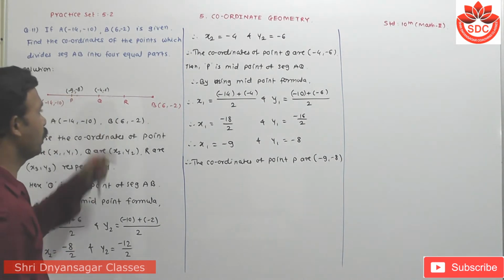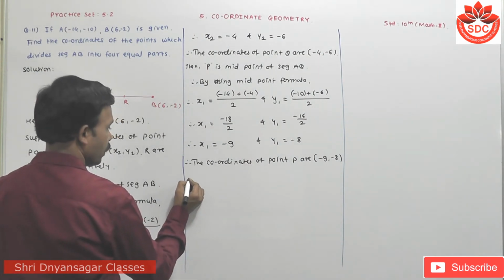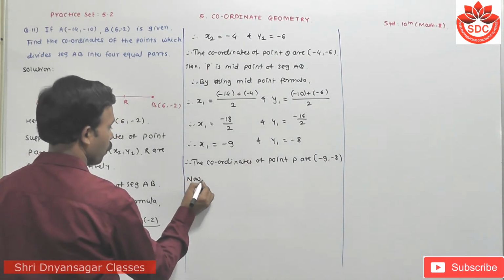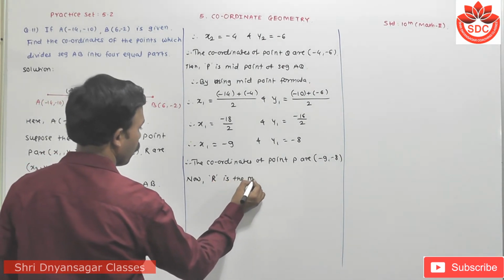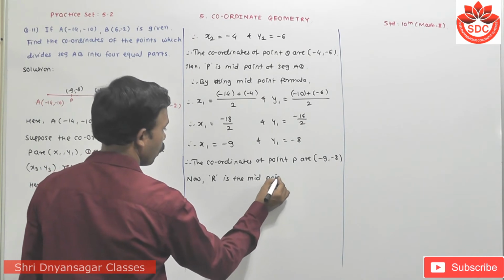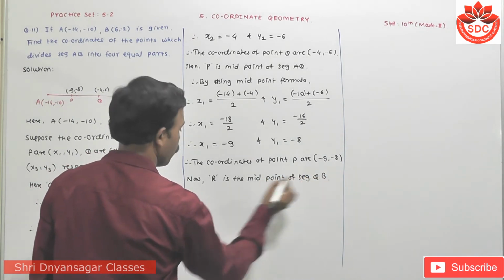Then we have to find the coordinates of point R. R is the midpoint of segment QB.